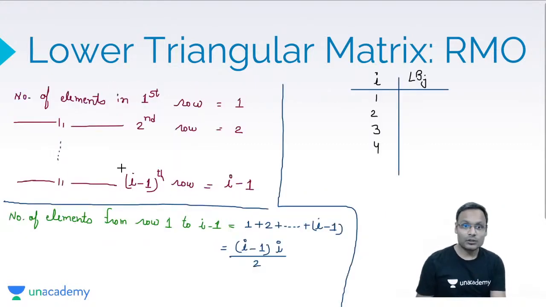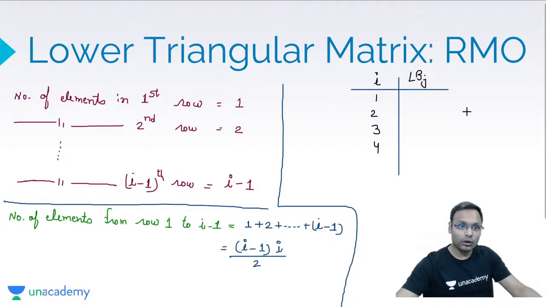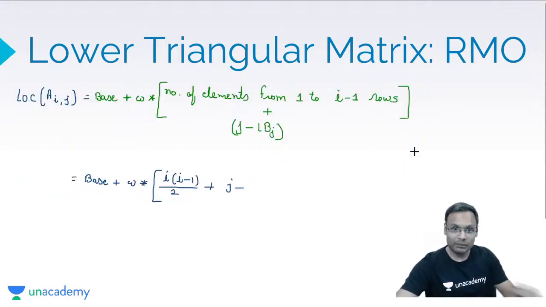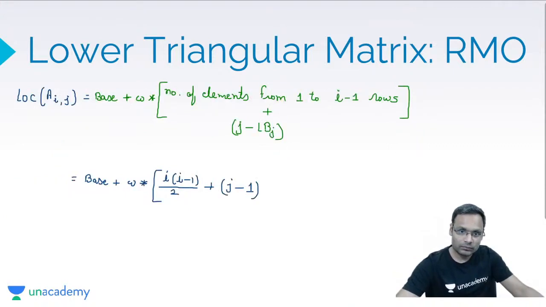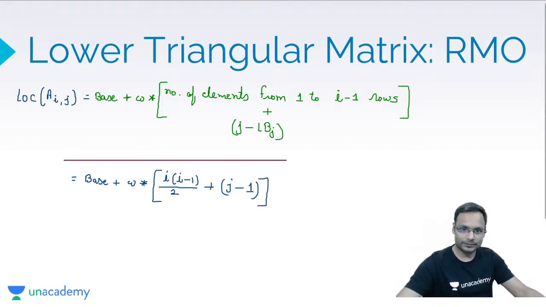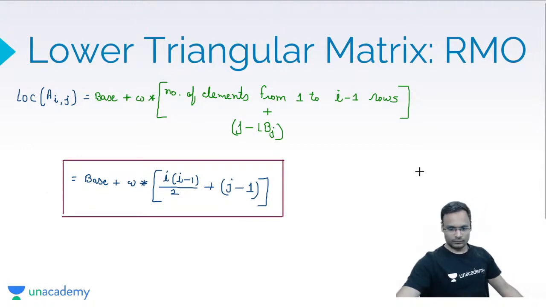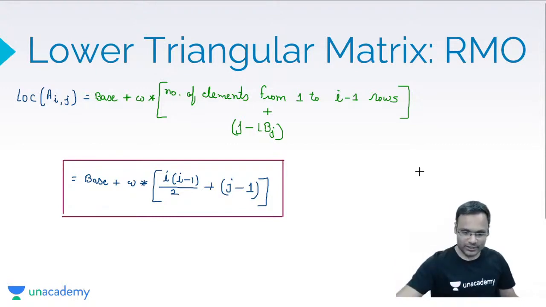Yes. So for each row we have lower bound of J as 1, 1, 1, 1. We can place that value 1 here, J minus 1. This is my final formula. LB of J is equal to 1.